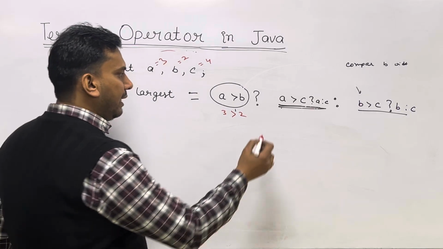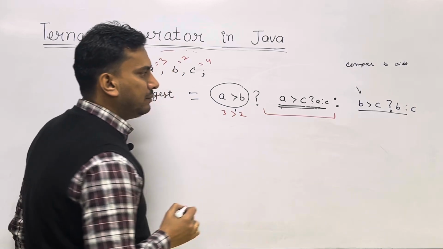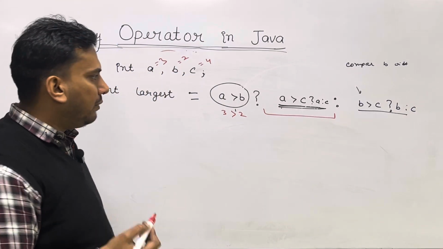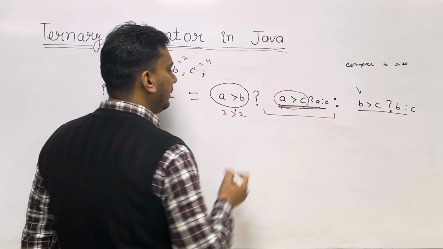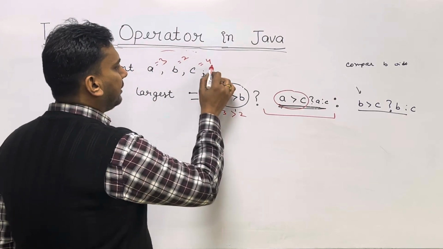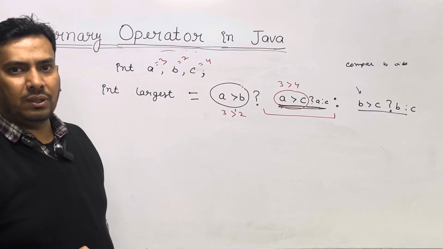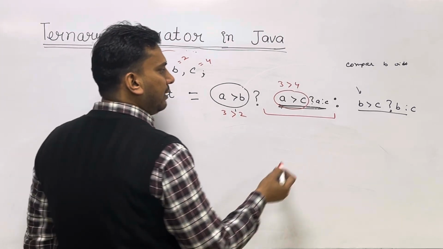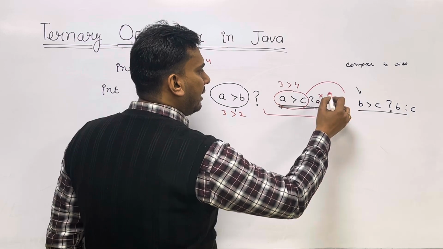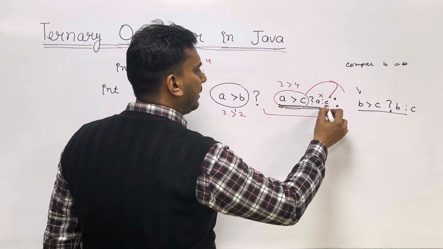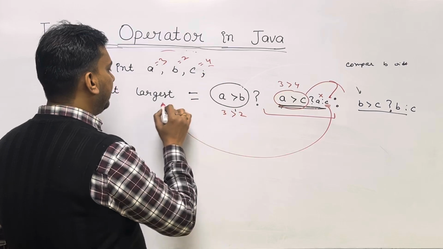So I need to go to this then part. Now here I will execute this portion again, a is greater than c, a is 3, 3 is greater than c. This condition says false. False means where will I land? Not here, you will land in the else part. Else part is c. So it will return c. So largest will be c, c is 4.